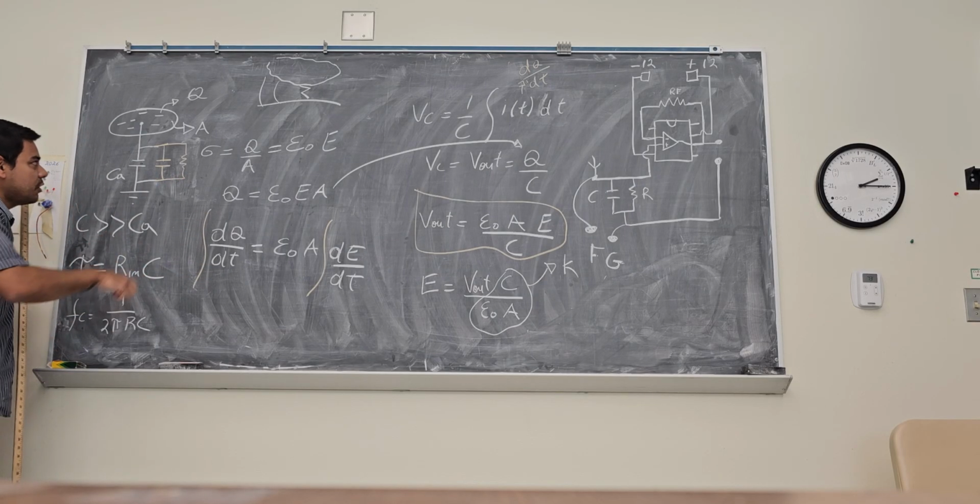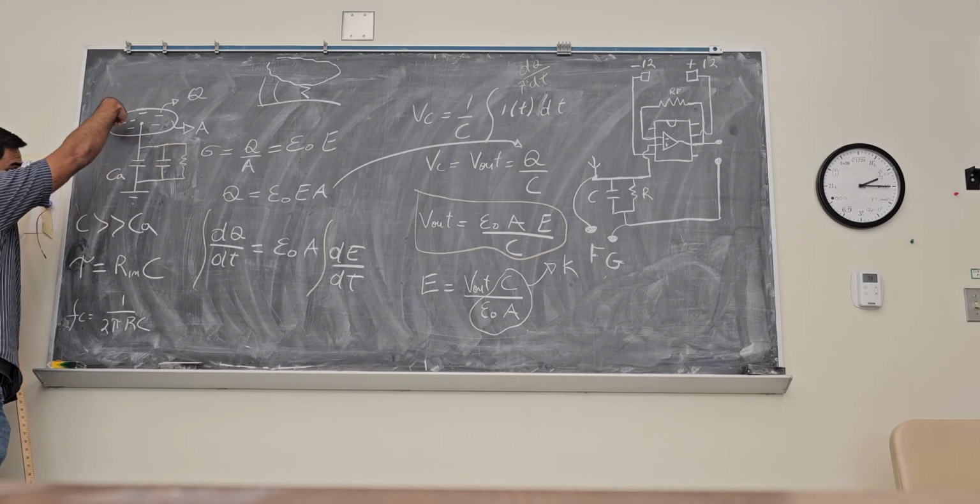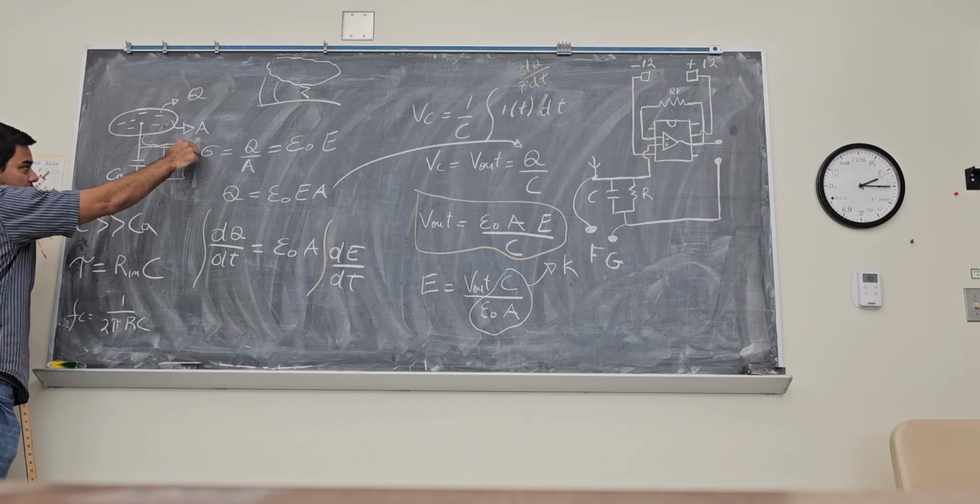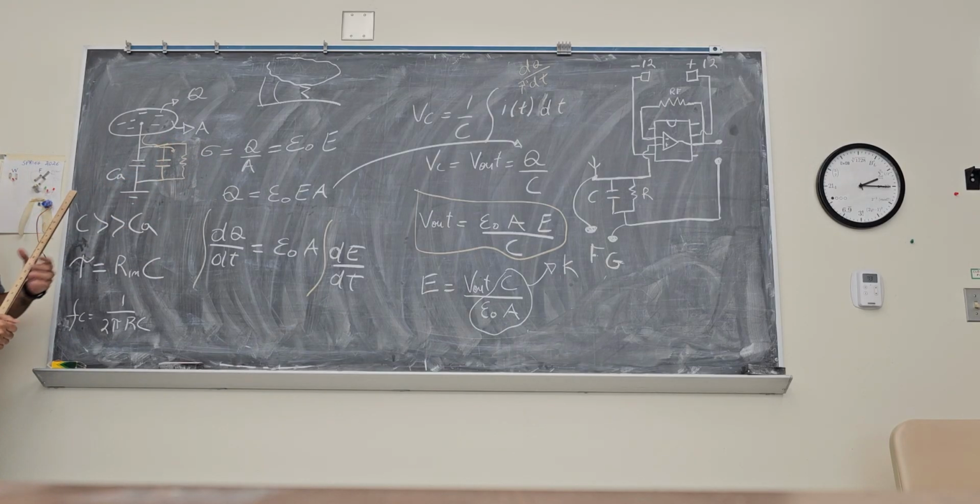So the current from the flat plate antenna must go all the way to those components, and then we measure the output voltage. The combination of that impedance with the capacitance gives me the decay time constant of my system. That's how we're going to calculate the decay time constant of our system: it's just the input resistance times the input capacitance.